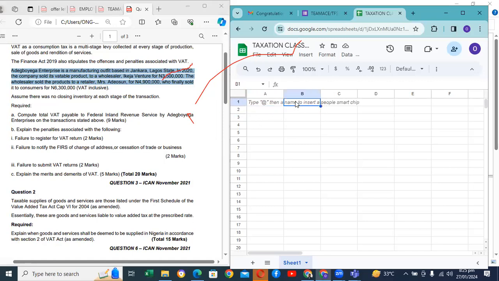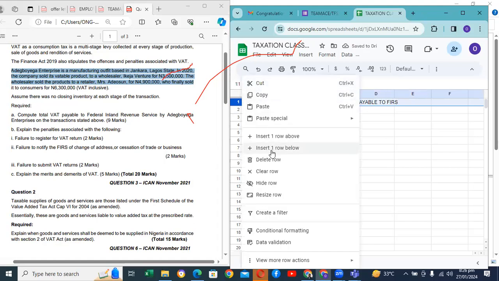We're asked to compute the computation of total VAT payable to FIRS.